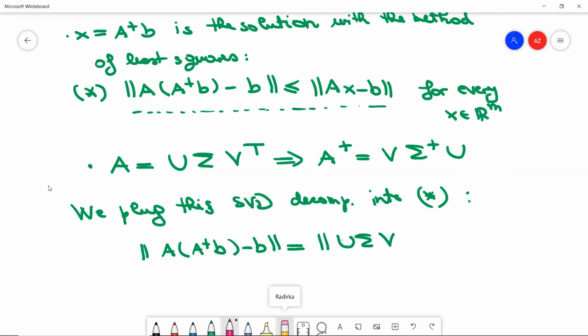If you calculate the right hand side, AX minus B, you get U sigma V transpose X minus B.